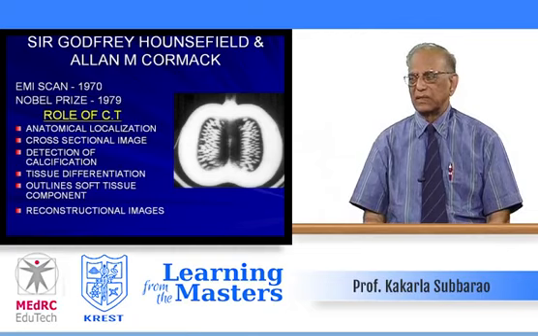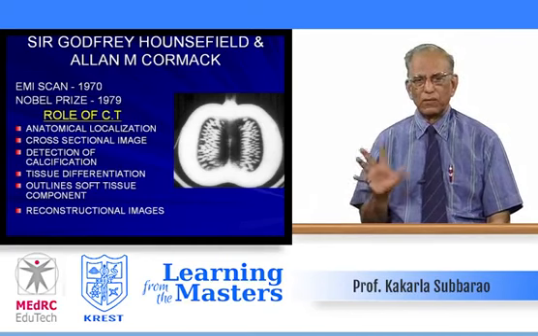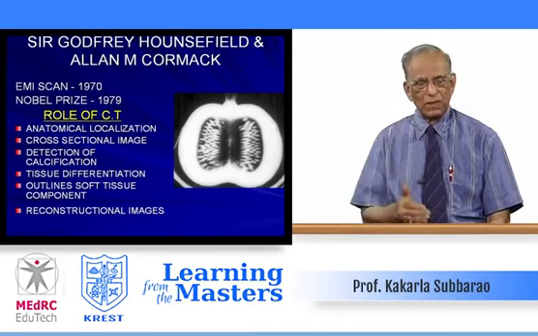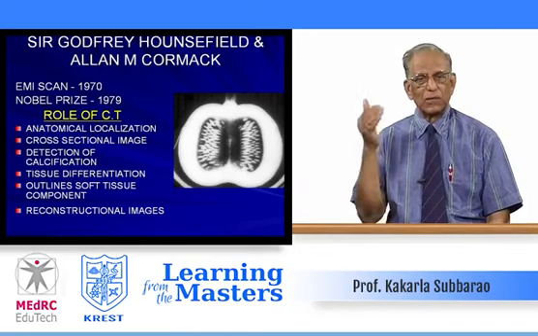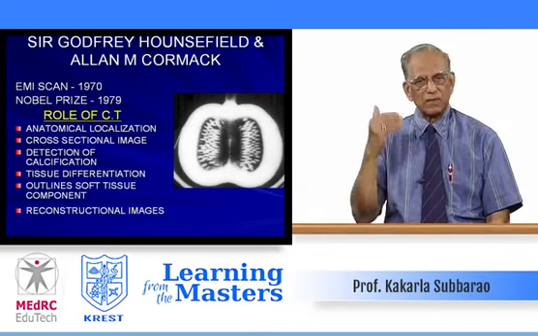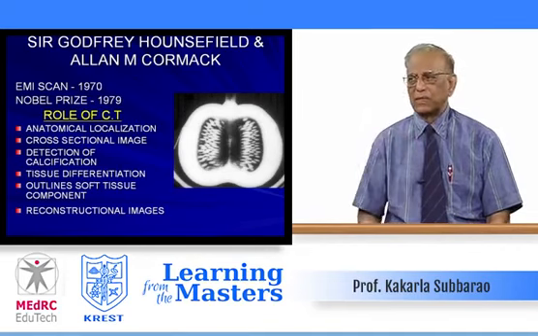Role of CT, what is the role? Look at the cross-section of the apple. We always say, when you see an apple, it looks so nice. Unless you take a cross-section, you don't know how many germs are there, how many seeds are there, how many rotten things are there. So CT also gives us the cross-section of the bones, of the structures, of the brain. From head to foot, you can do CT.